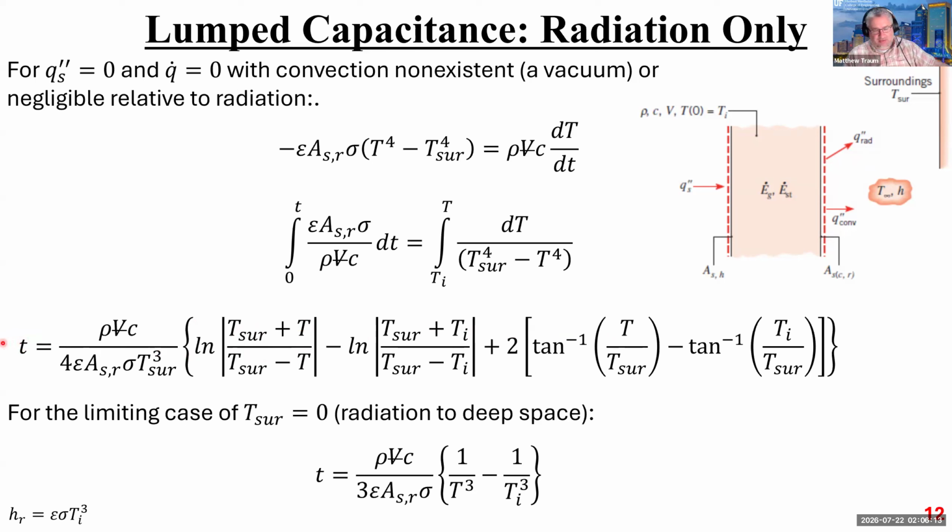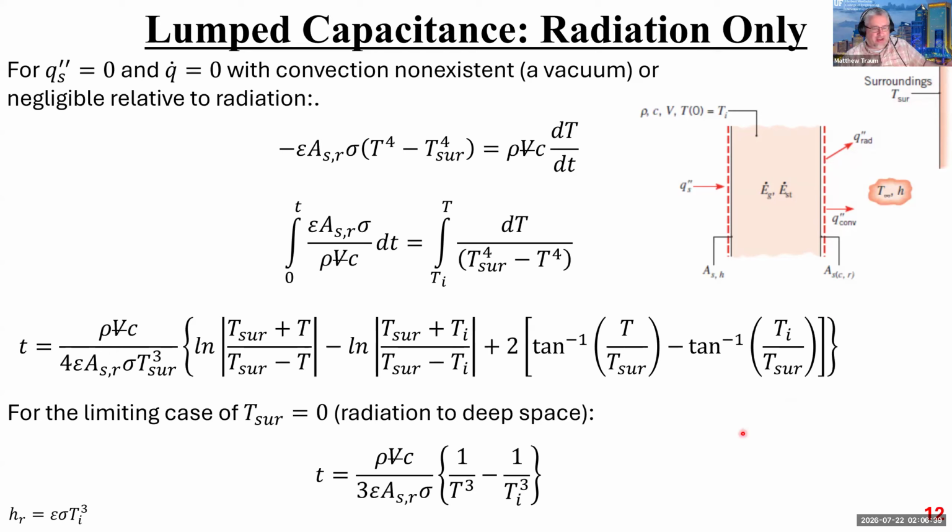Or you can solve this in reverse, but it's not set up that way. Okay, so we've got this expression, and now consider the limiting case where T surroundings, right? So we're imagining the surroundings are far away, but we're radiating to some surface that is represented by T sur, so it has its own temperature.